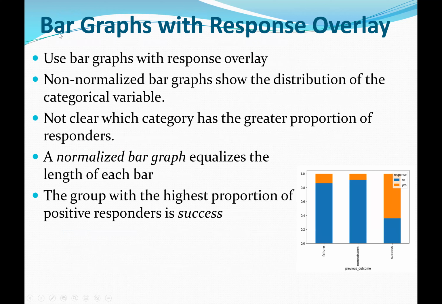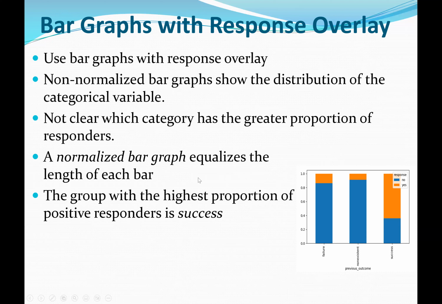So next, how do we use bar graphs in Python? Again, this course is based on Python. So we are going to use Python to create a bar graph with response overlay. Now, a bar graph is very good for categorical values. So here we say use a bar graph with response overlay. We have two types, either a non-normalized bar graph or a normalized bar graph.